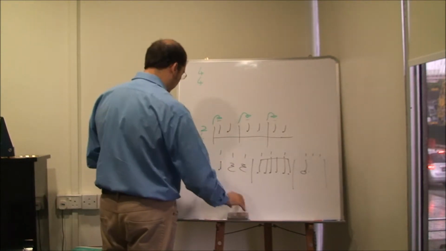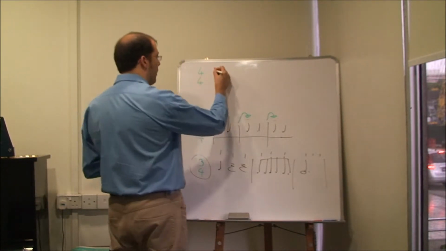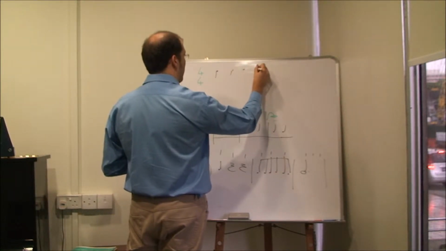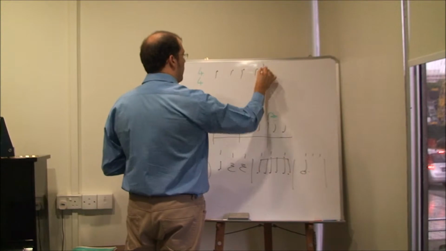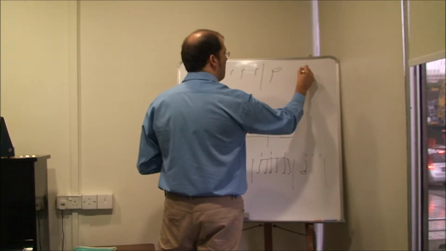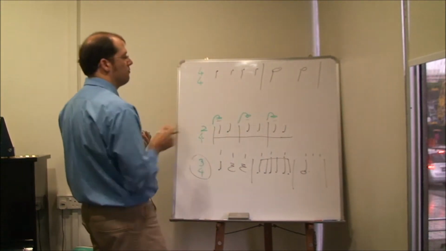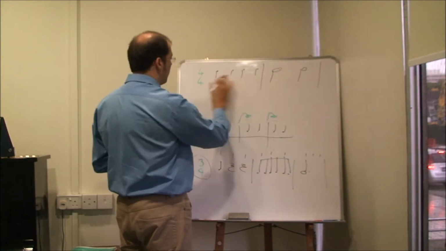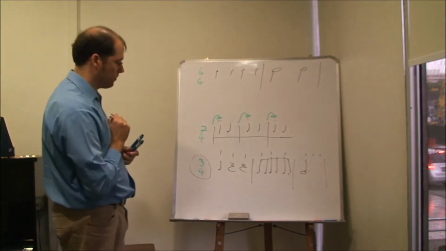So 4/4, which would then just be 1, 2, 3, 4, or we could just write one note like that, or whatever the specific subdivisions are. But the important point is it all adds up to 4 crotchet beats.